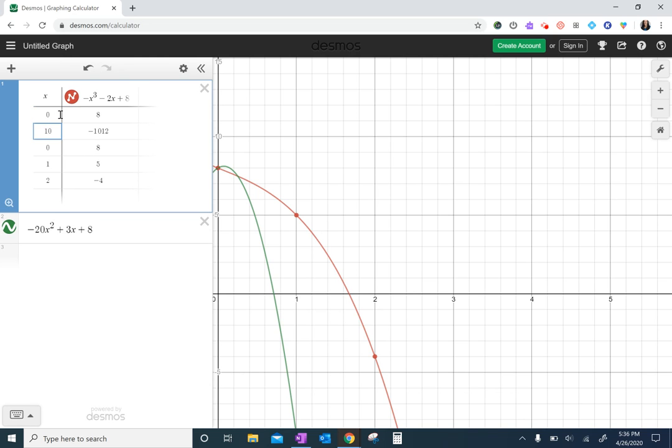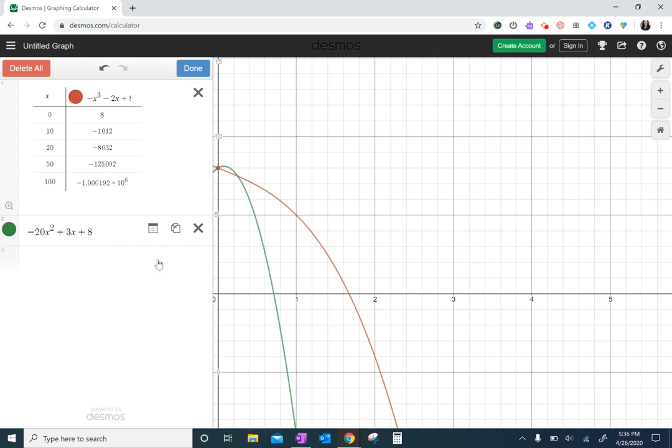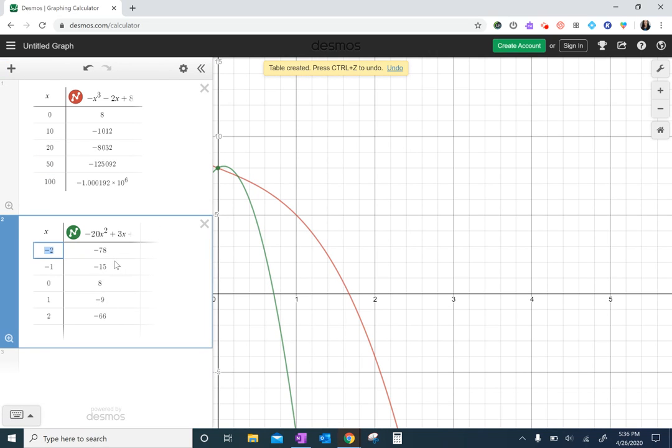Awesome. I wanted to look at 10, what's happening at 20, what's happening at 50, and what's happening at 100. And I want to do that for both of these graphs because I want to compare. So at 0, at 10, at 20, 50, and 100.